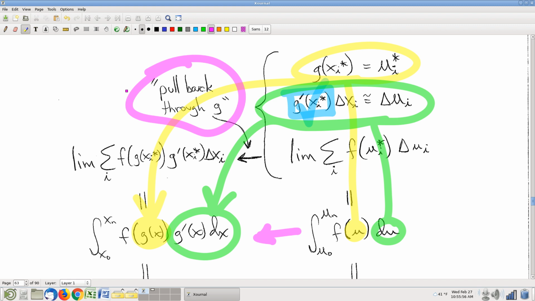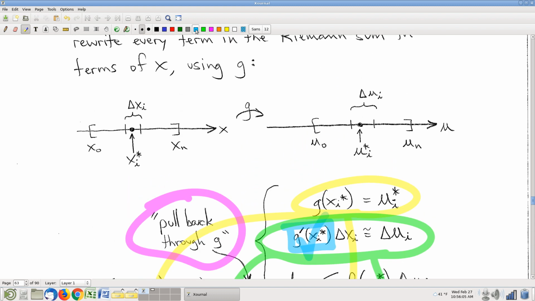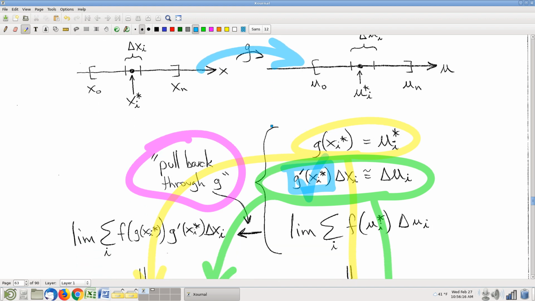The reason this is called a pullback is because it seems to go backwards. Let's not lose sight of the fact that the function goes that way. The function takes values on the left and turns that into values on the right, and yet, weirdly, the expression goes the other way. So expressions in terms of output variables, by plugging in, effectively turn into expressions involving input variables.